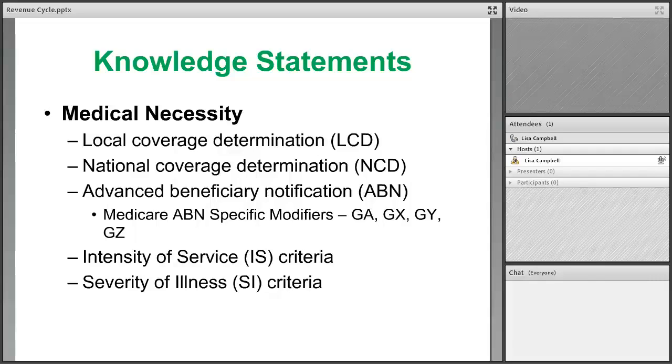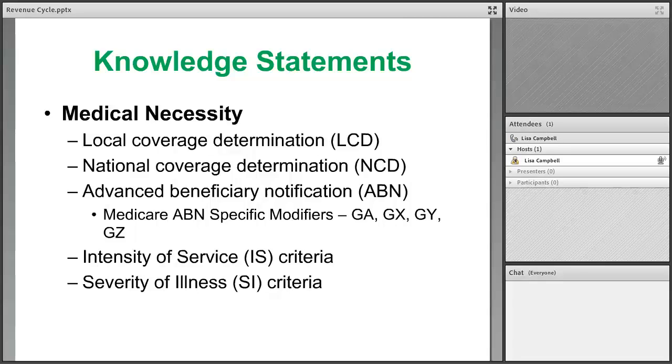So it not only protects the patient in knowing what Medicare is going to cover, but it also lets them know that you acknowledge that you want this service, and we list the CPT code, we list how much we charge for that service, and then the patient is going to acknowledge that, yes, I want this service.